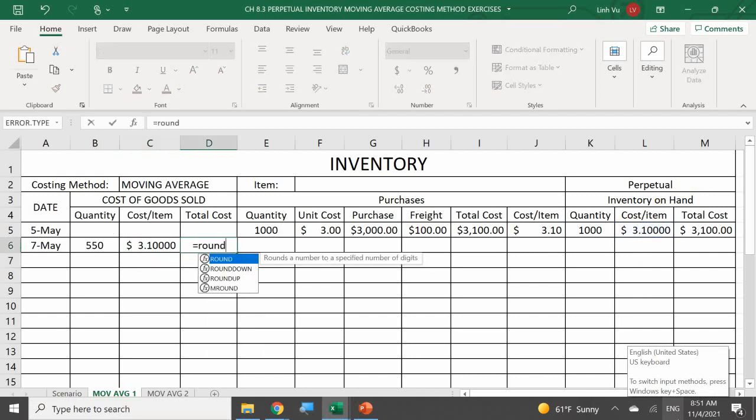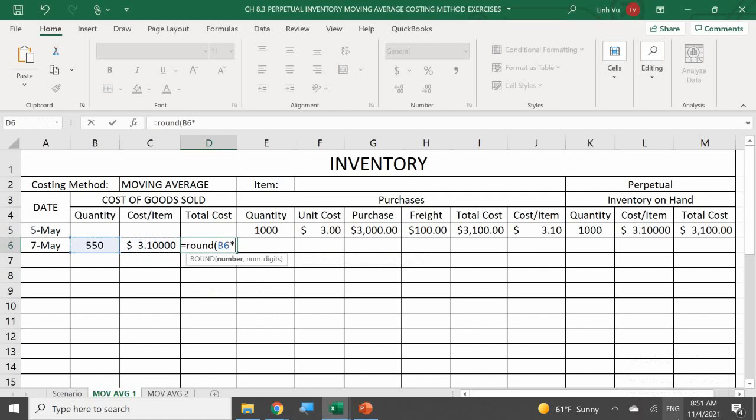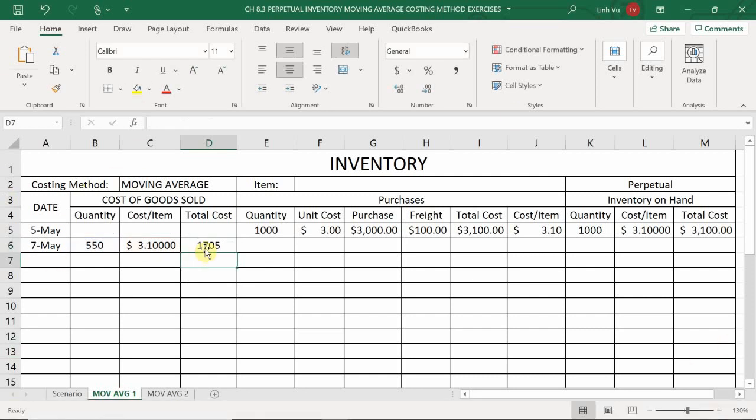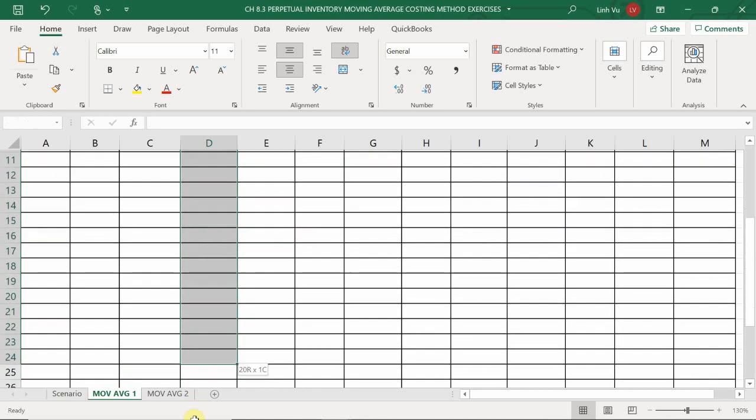So let's go ahead and round this. What is my total cost of goods sold here? $1,705, right?